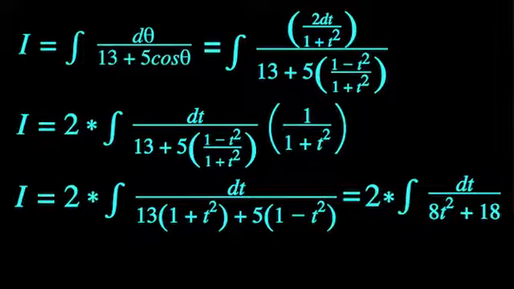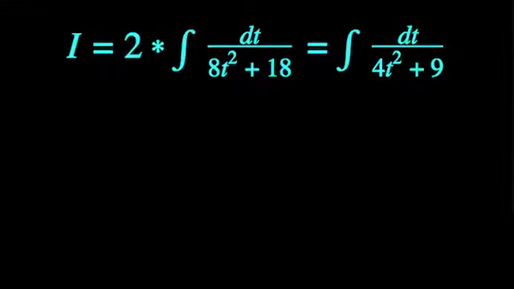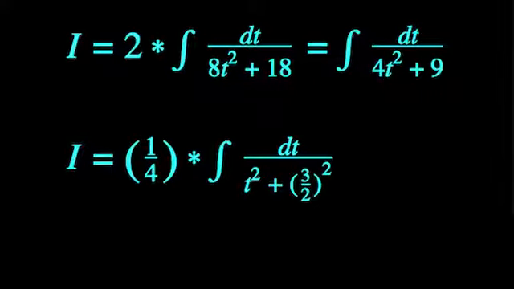Dividing top and bottom by 2, we get 4t squared plus 9 in the denominator. Factoring out the 4 while converting the term to the right of the denominator into a square, we have a rather familiar looking integral, or so I hope.